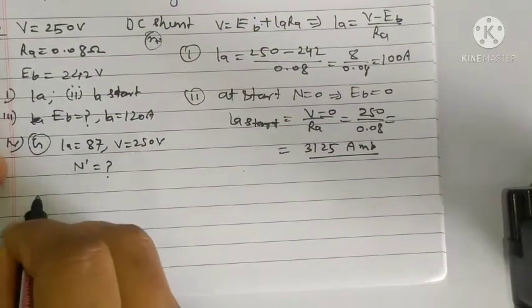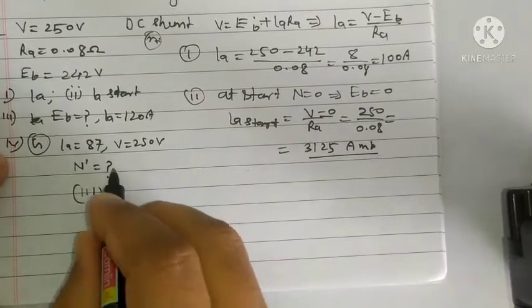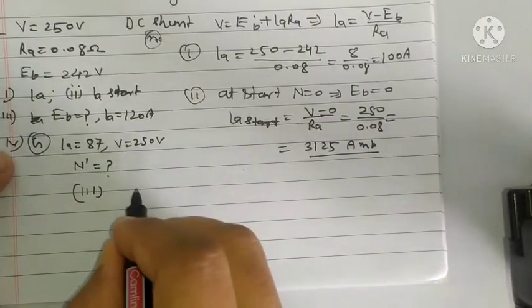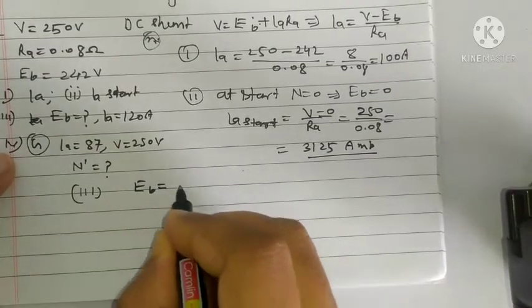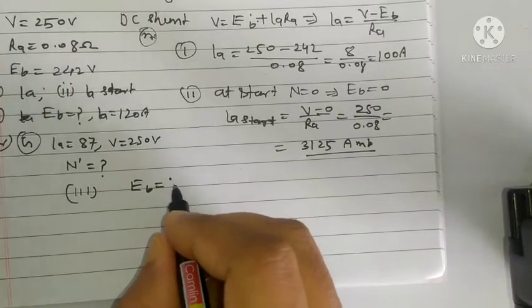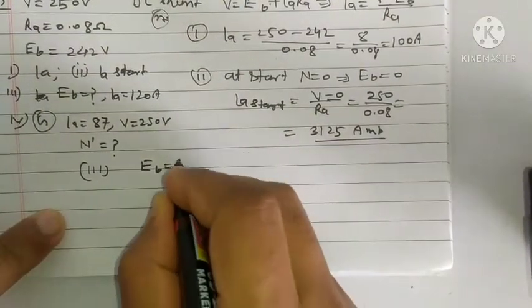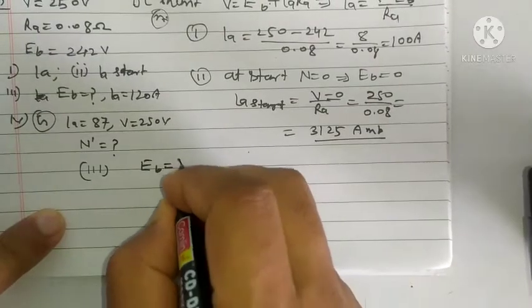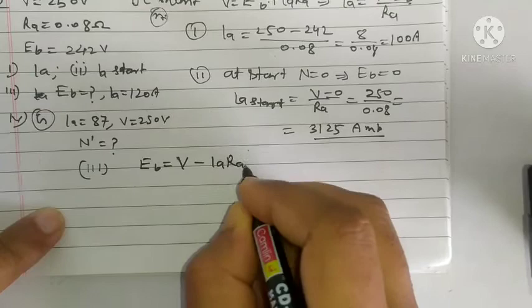Third part is, if Ia is 120, then what will be the back EMF? So back EMF we know as EB equal to V minus IaRa.